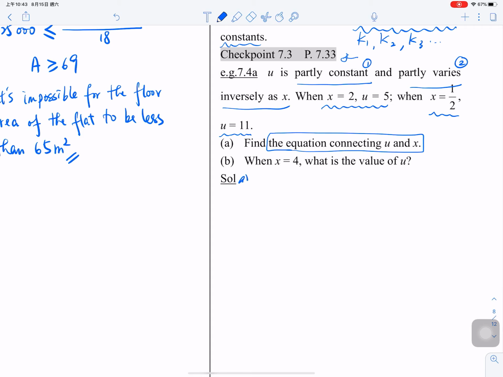Let's see. A. When we write partial variation, please write directly the equation. For example, here u equals partly constant, right? And partly varies inversely as x. So k2 over x.